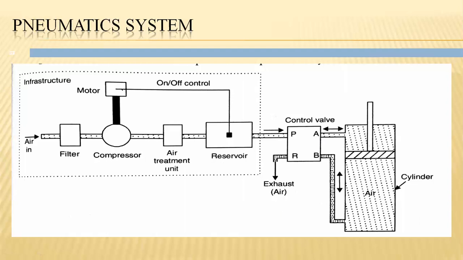The directional control valve plays a major role for the travel of this pressurized air. And in whatever stroke it may be, the extending stroke or the contracting stroke, in the return stroke automatically the entered fluid will be returned.